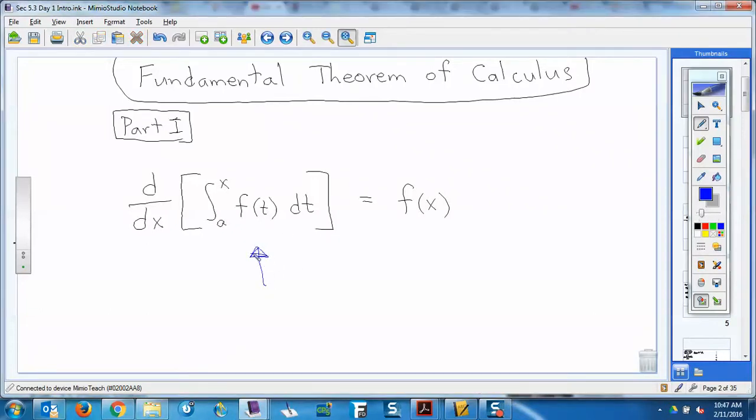I think I might have said this in the video a little bit, but remember, this is the area function, right? And what this is saying is that the derivative of the area function equals the original function. Well, what does that mean?